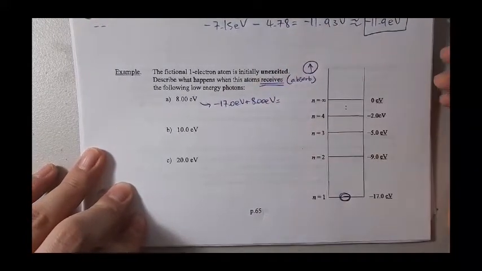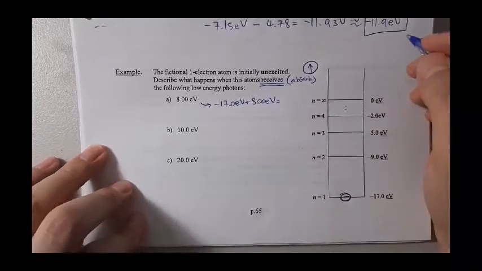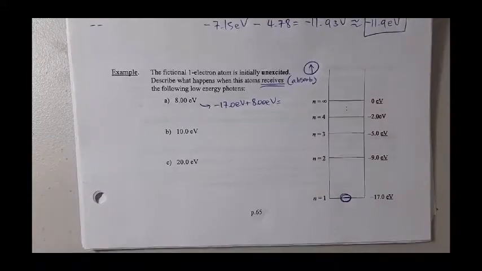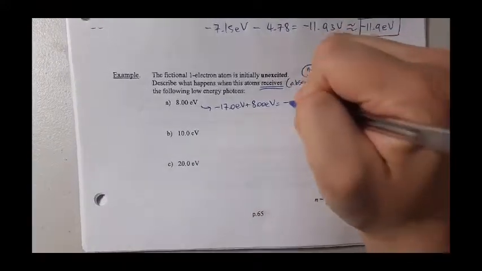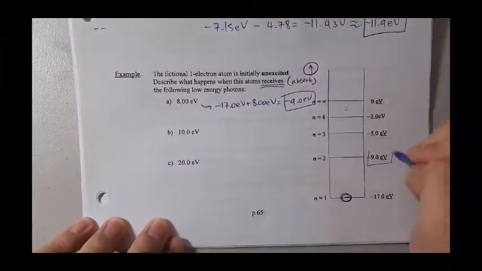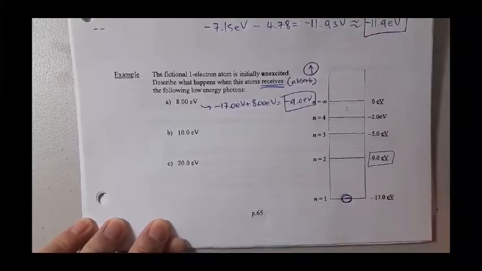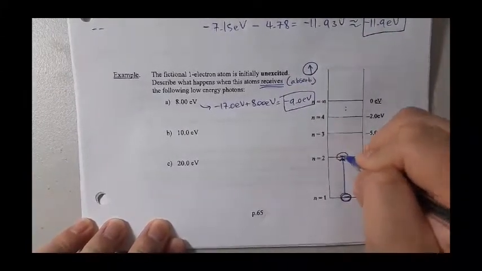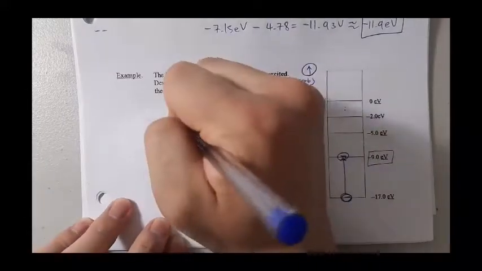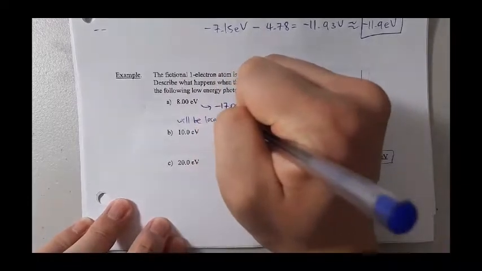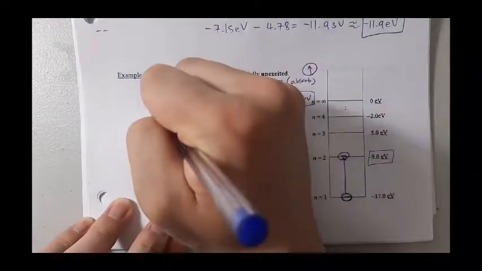If I add them up, then you're going to be located at negative 9.0. Can you see that I have negative 9.0 for the second level? It's the exact same value. So you can say it will be located at n equal to 2.